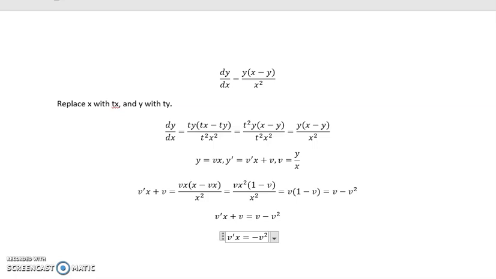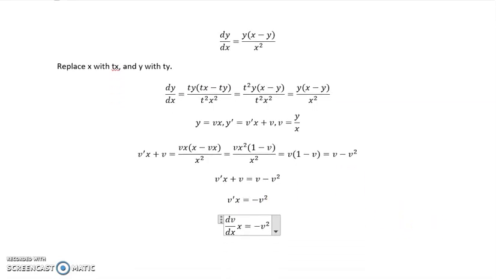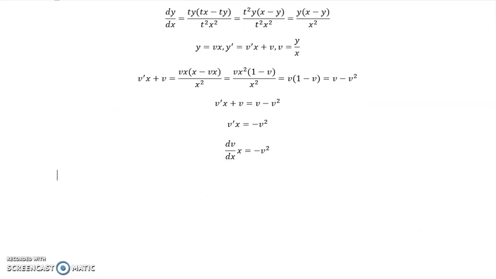So I'm going to separate, put the v's on one side of the equation, and put the x on the other. Remember that v prime is dv dx, since we took the derivative with respect to v. What I'm really doing is dividing by x, so multiplying by 1 over x, then multiplying by dx, and dividing by v squared.